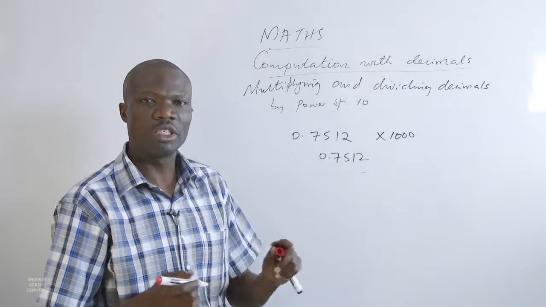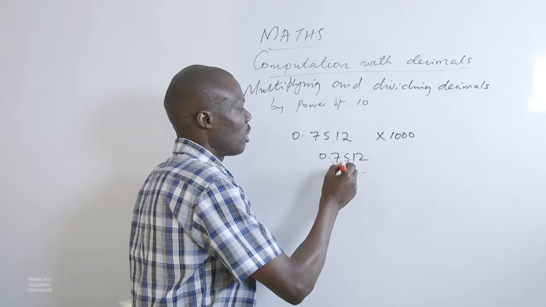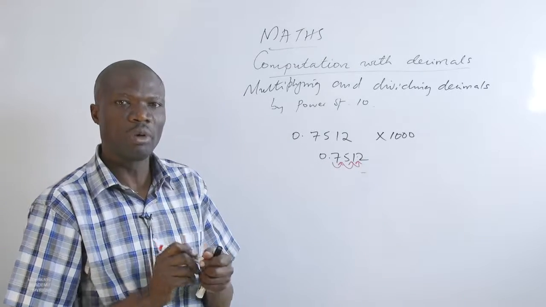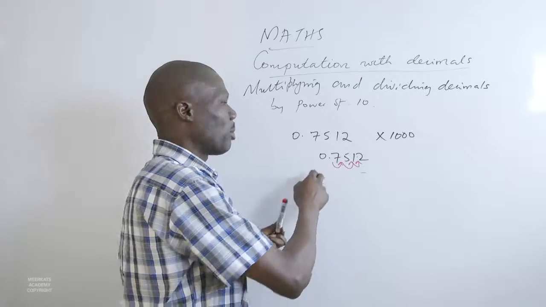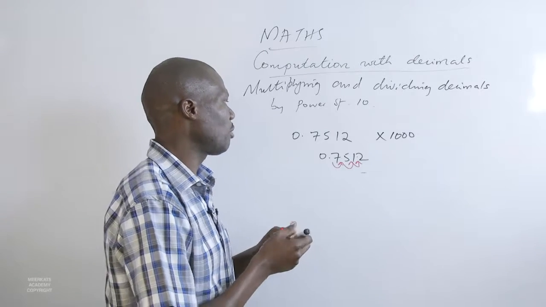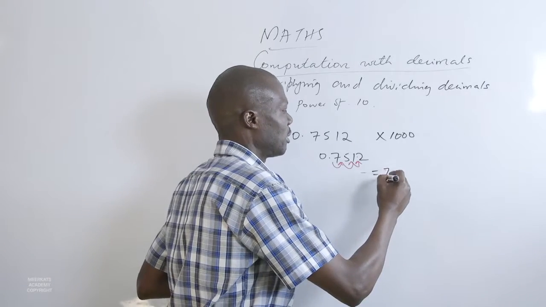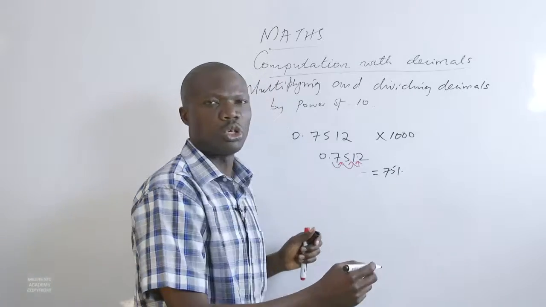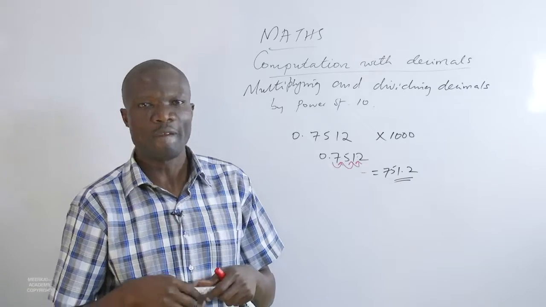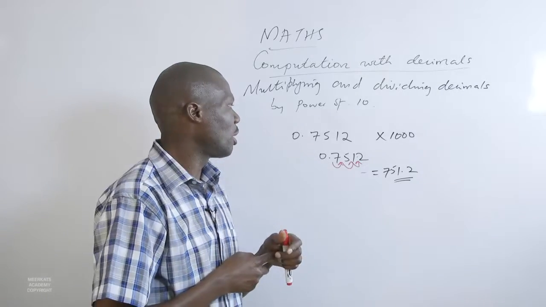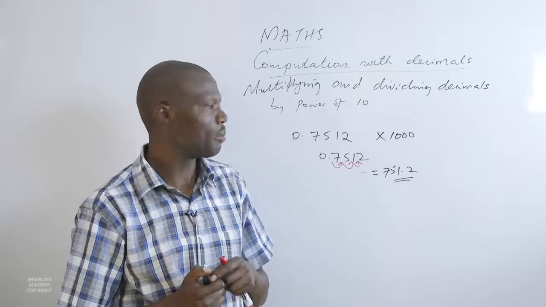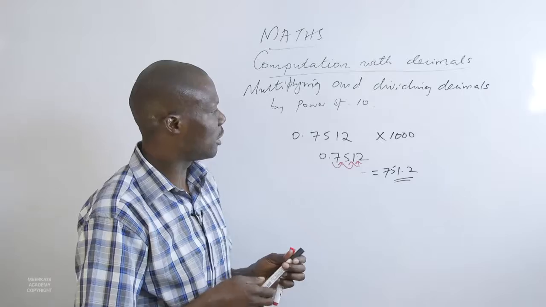The number of zeros is 3, so we shall move 1, 2, 3, and that is where we shall stop. A 0 before the digit is also insignificant, so we shall have our solution here as 751.2. That is if we are multiplying a pure or proper decimal with a power of 10.